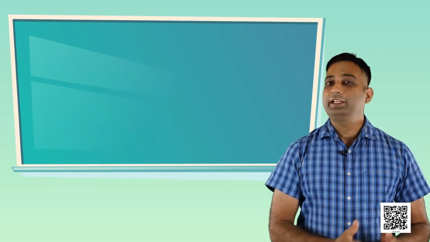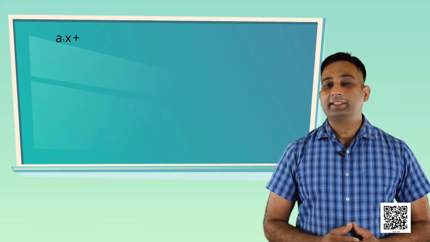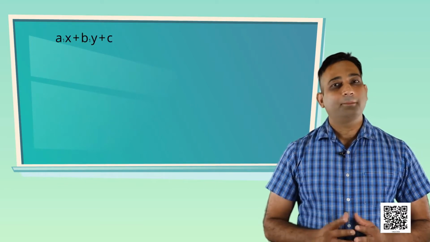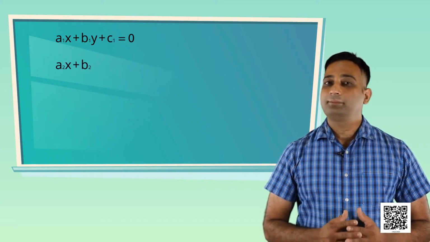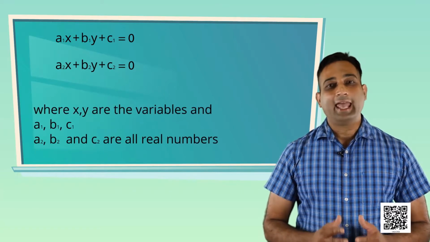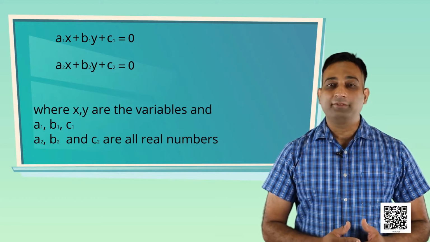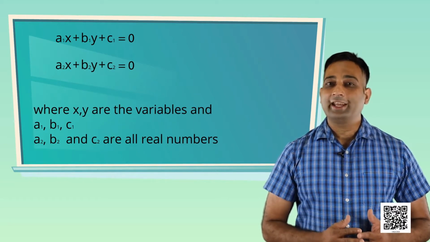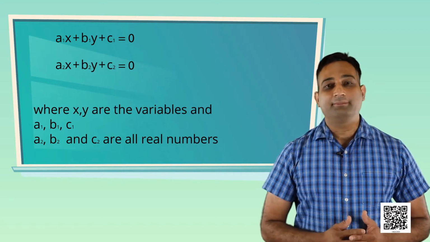The pair of linear equations in two variables is represented by a1x plus b1y plus c1 equals 0 and a2x plus b2y plus c2 equals 0, where x and y are the variables and a1, b1, c1, a2, b2 and c2 are all real numbers.